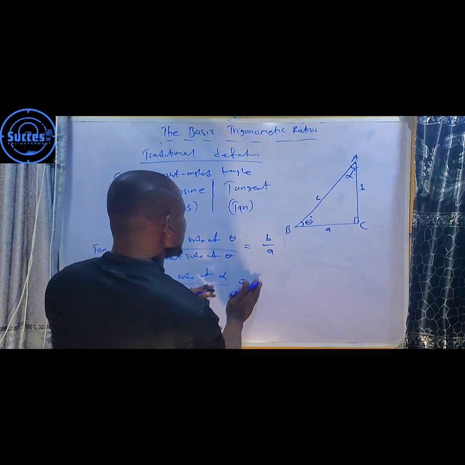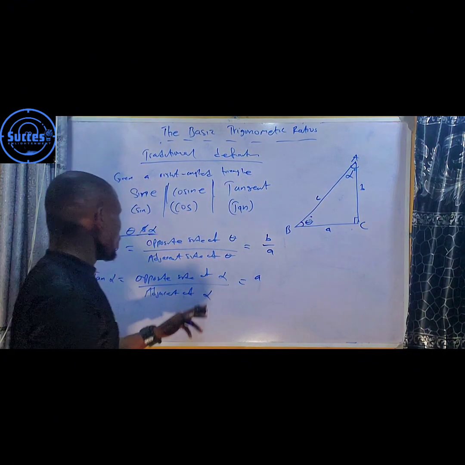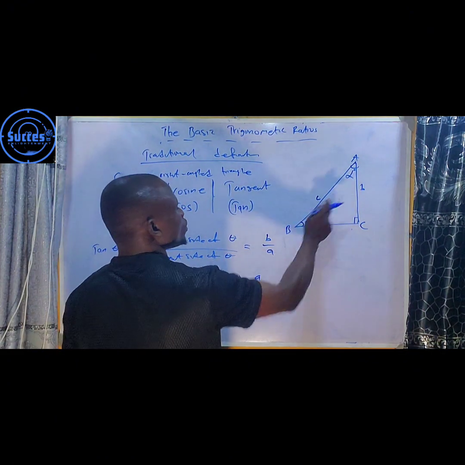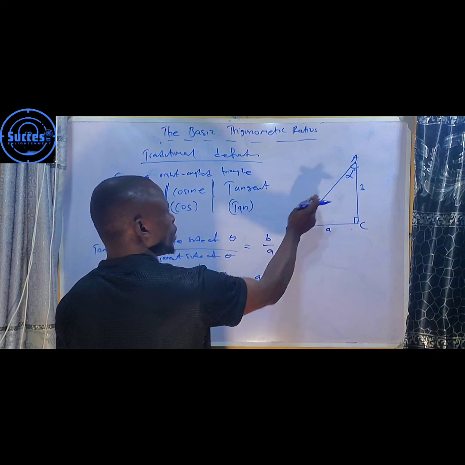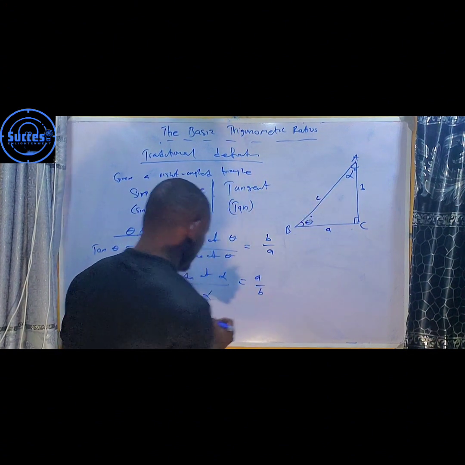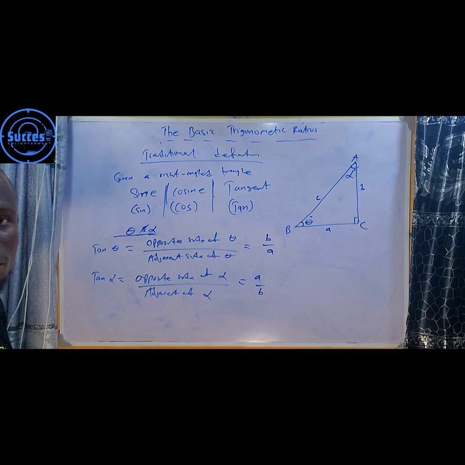The weight of alpha is a, while the adjacent is b. Do you get that?